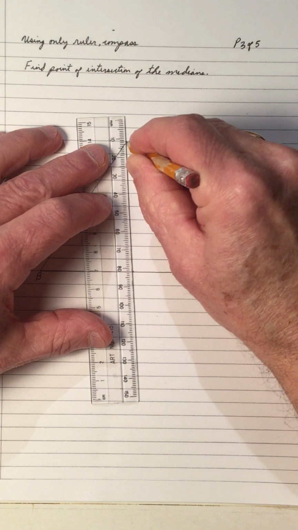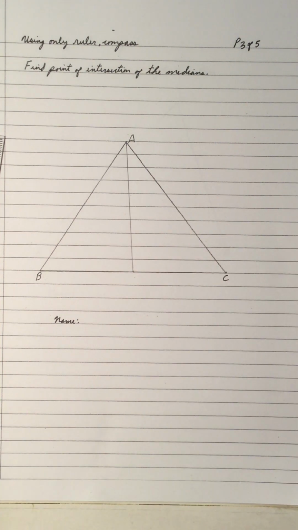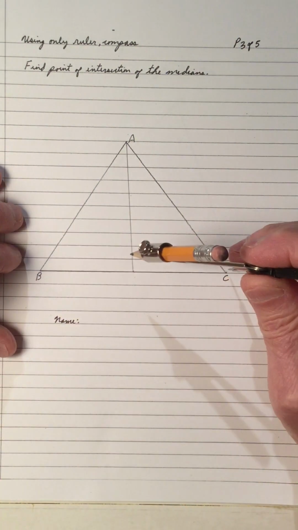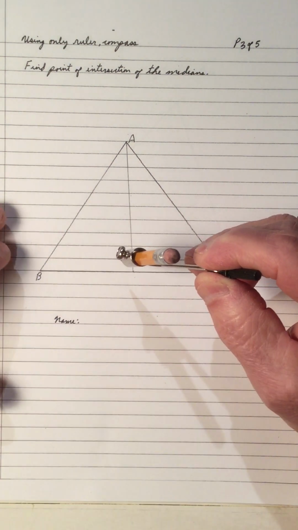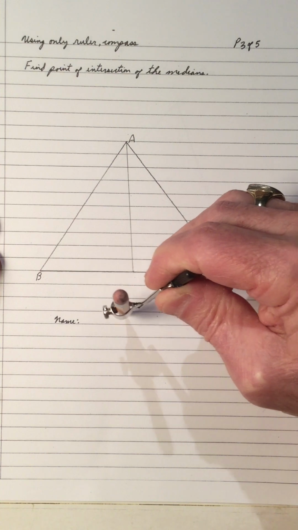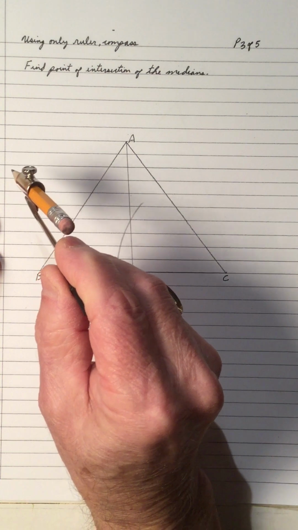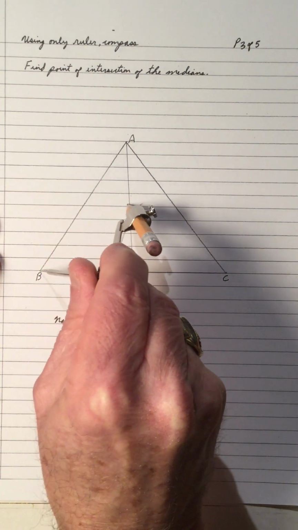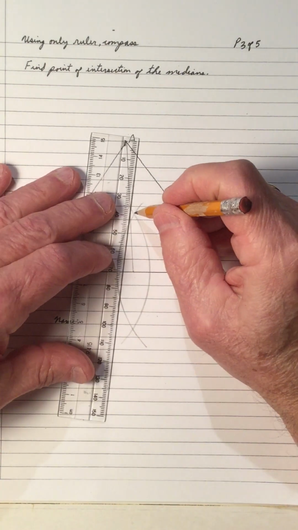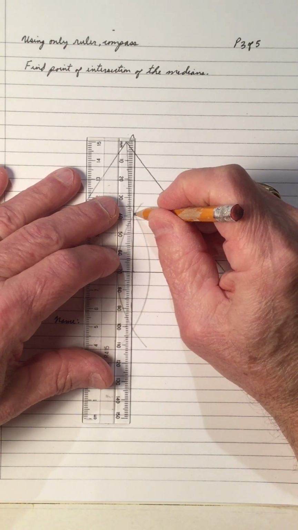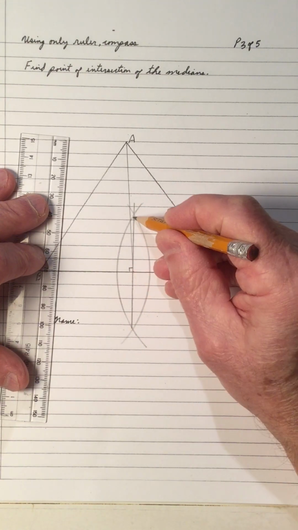If I did the perpendicular bisector, and I'll just do one to show you, of the line between B and C, I have to take a radius more than half the length. So let's take this one, and from B, I'll take this one. The perpendicular bisector is right here.